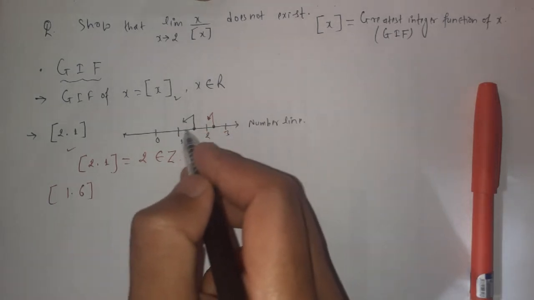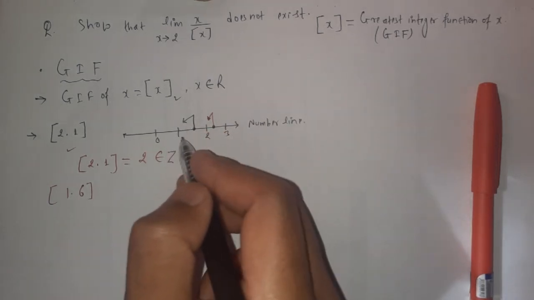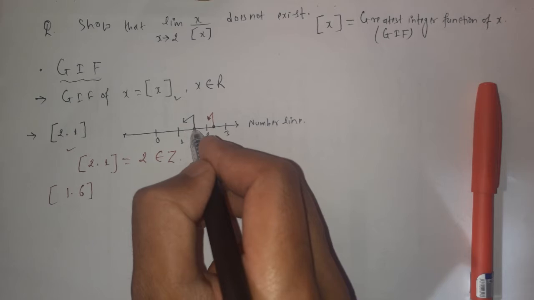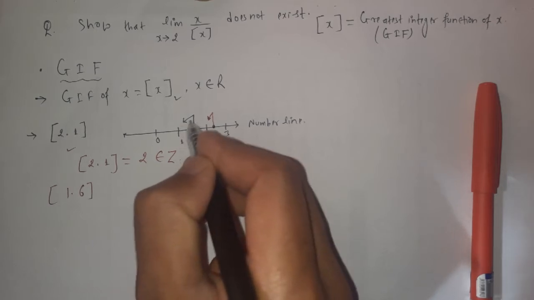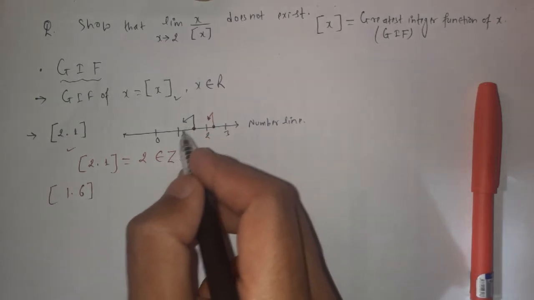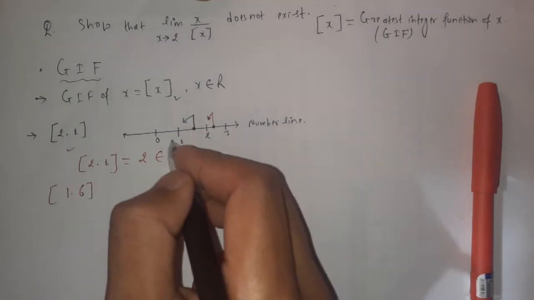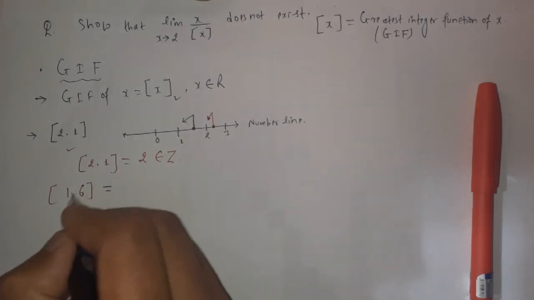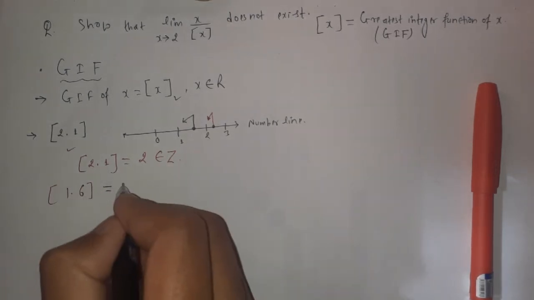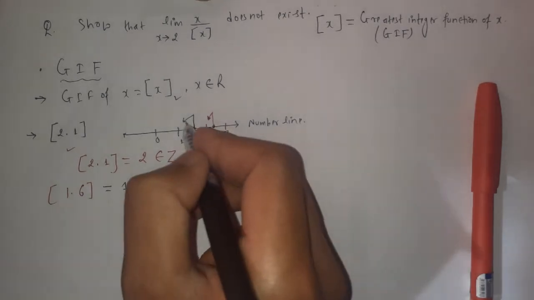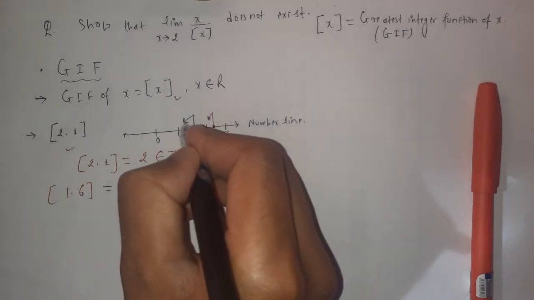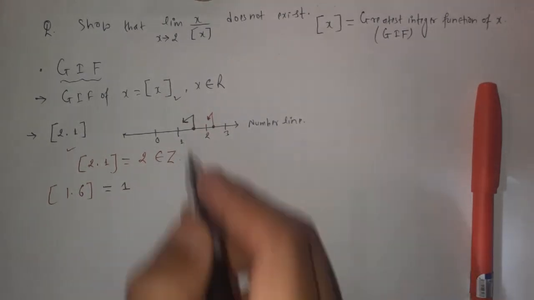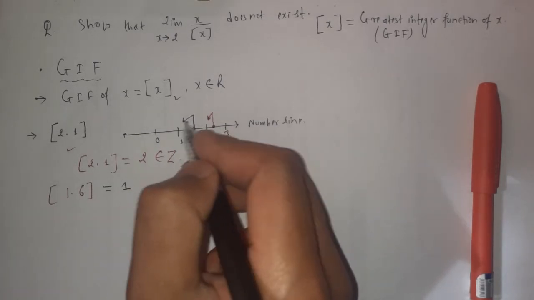The integer should be located on the left hand side of this number. So the greatest integer value of 1.6 is 1. We have to look on the left hand part, just rising and then looking back.